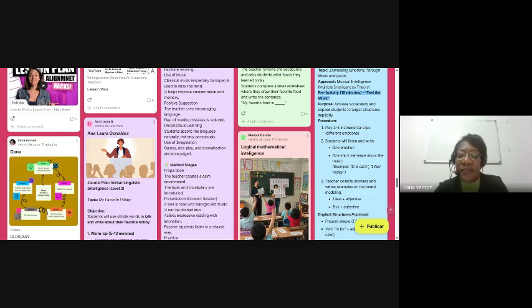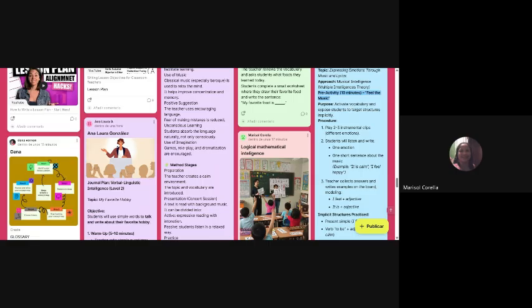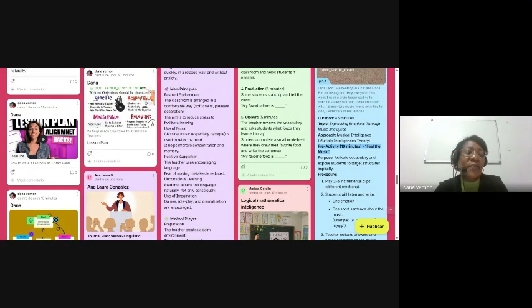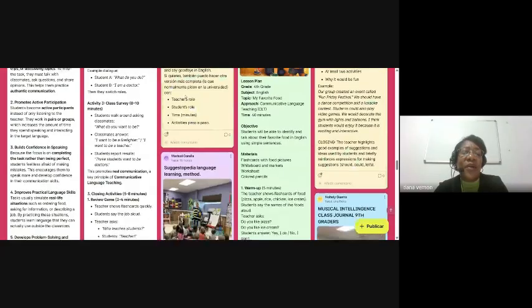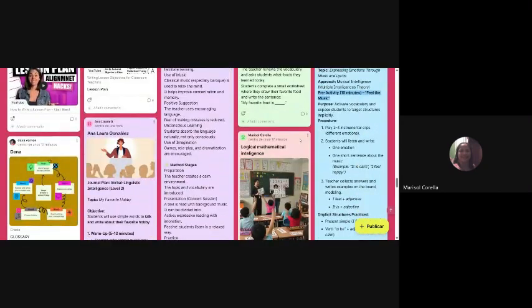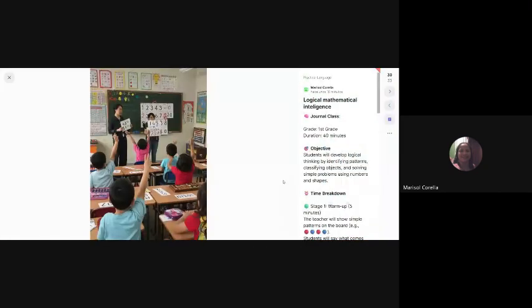I think I saw it. Marisol, what color is your Padlet? It is red with pink.